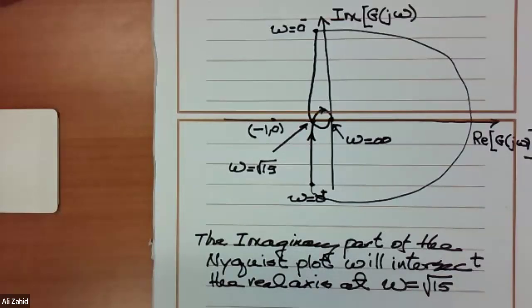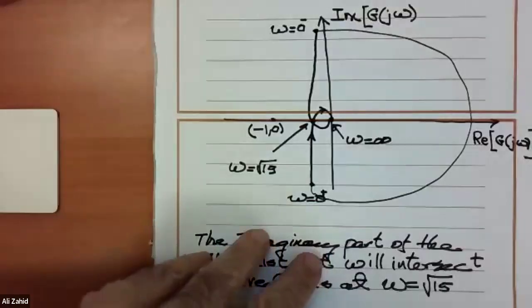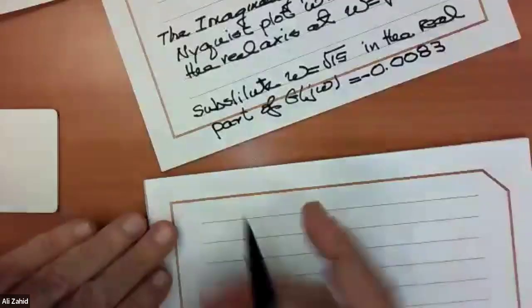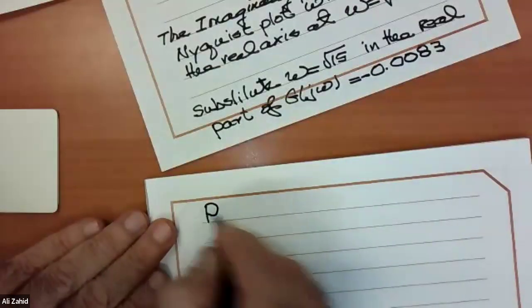So listen to my statement. If K equals 1, the system is stable. Okay, first of all, let's see if you got my point very clearly. What is P? The number of right-hand side poles of the open loop transfer function. Very good.